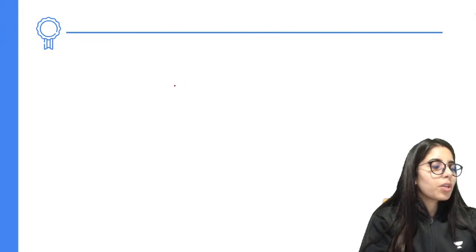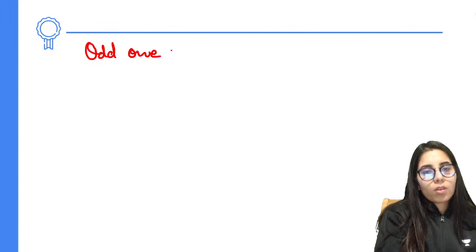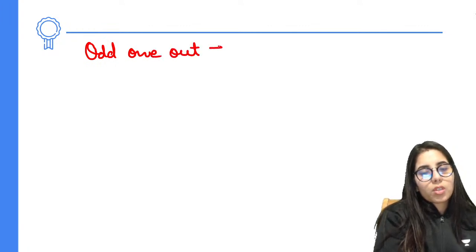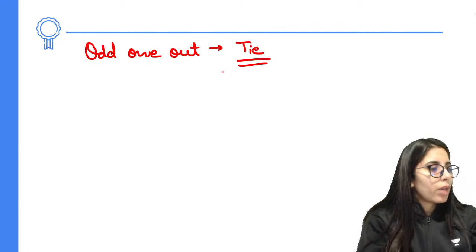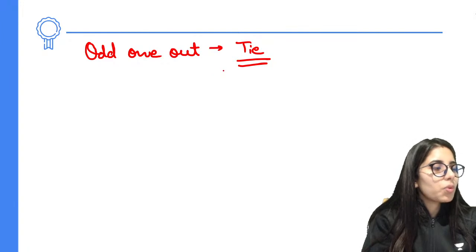Clear? This is going to be your right answer for this question. Because if you have attempted those questions, you will be familiar with them, so I'm just quickly letting you know.